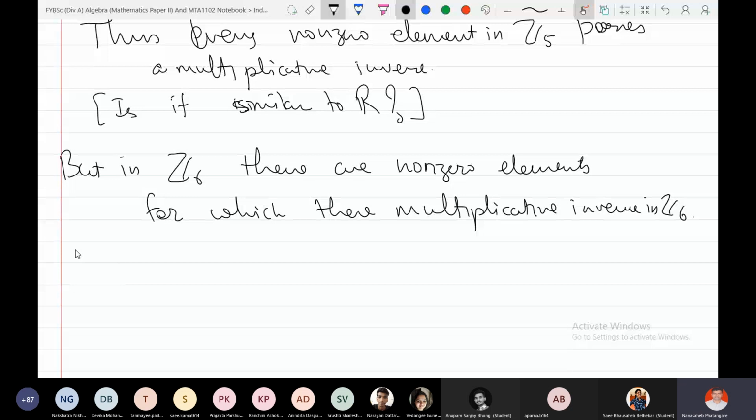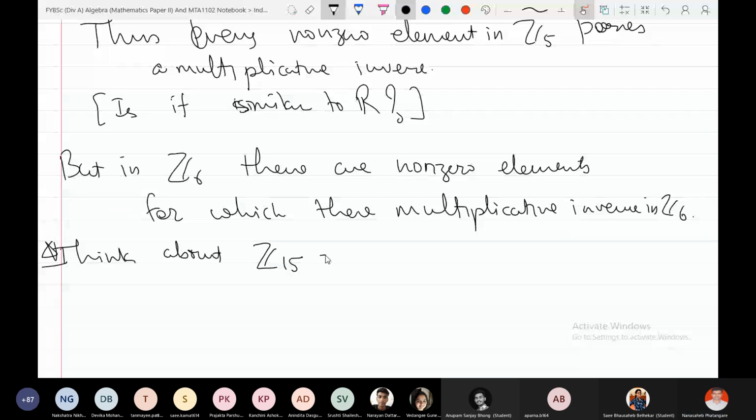What about Z15? Think about Z15. What are the elements of Z15? 0 bar, 1 bar, 5 bar, up to 14 bar.